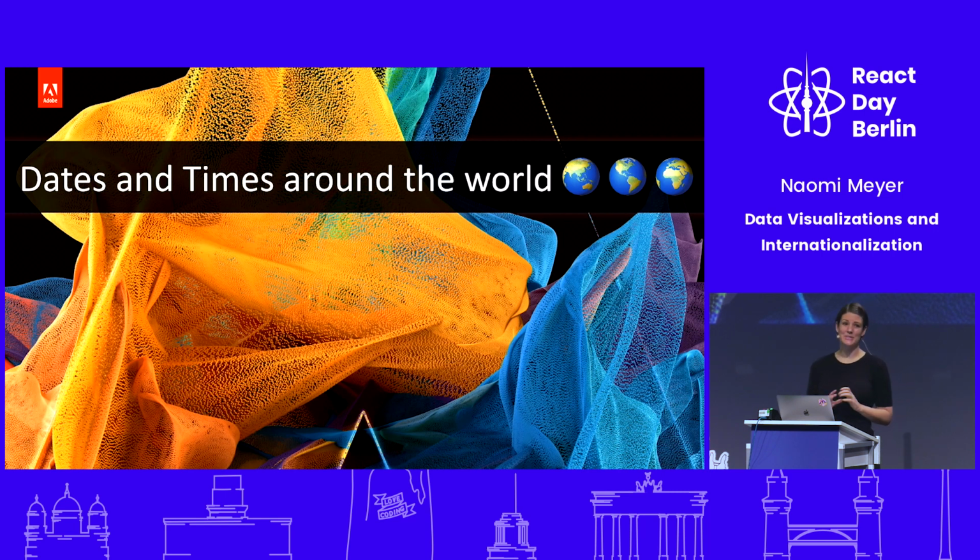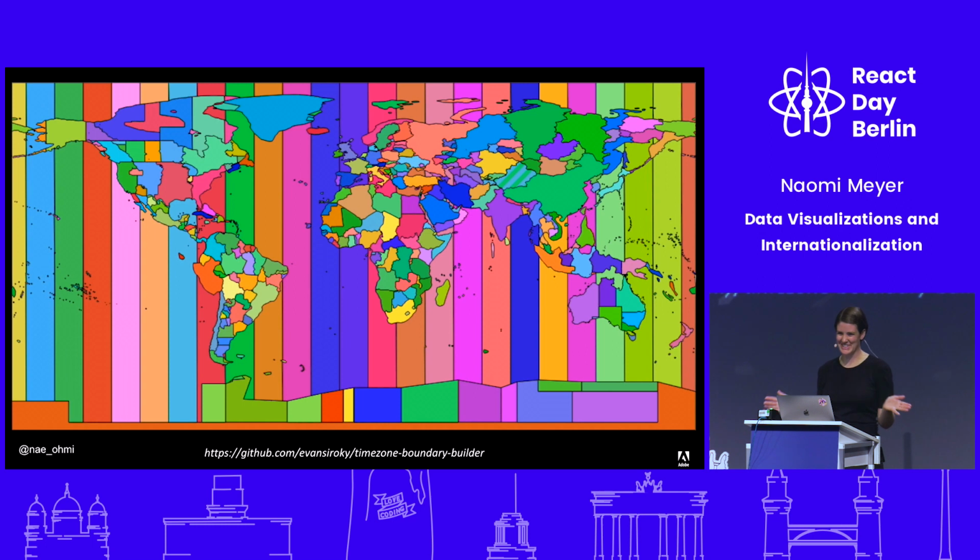So let's move on to dates and times around the world. So time zones. Here we have a bright, colorful, jarring example of time zones, which I think is perfect because they are notoriously confusing in computing. So here we can see a representation in the ocean of the 25 nautical time zones that are separated by lines of longitude.